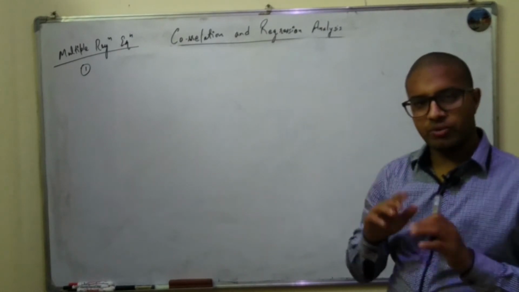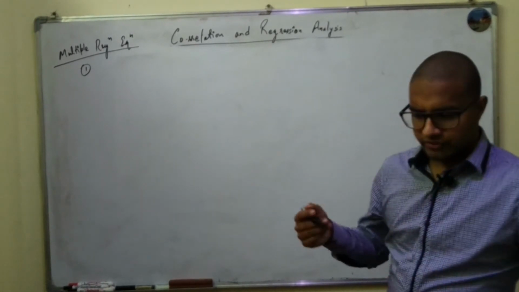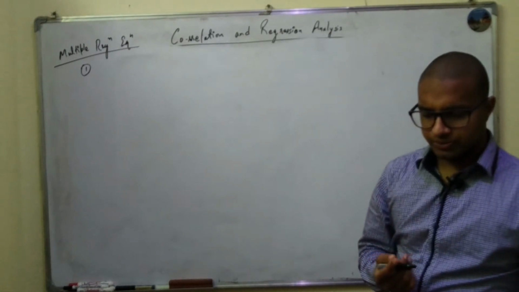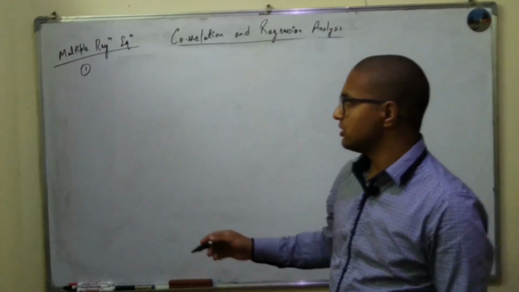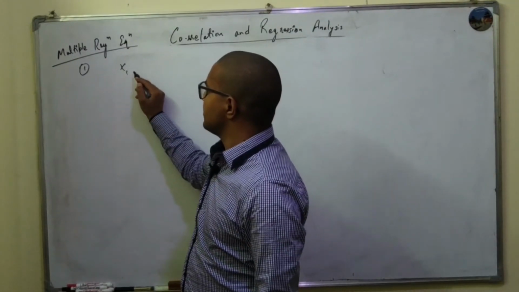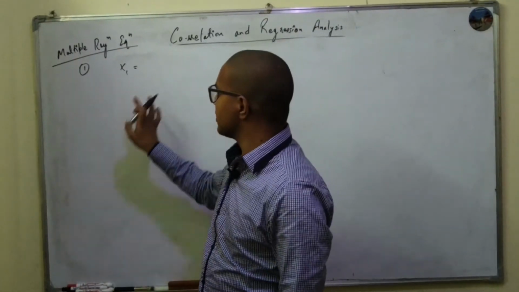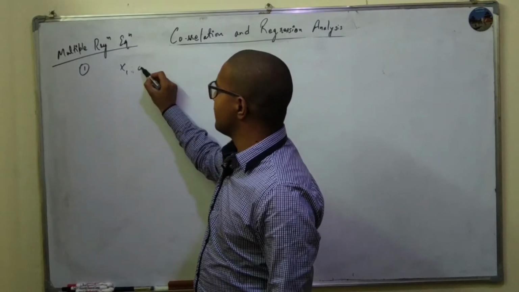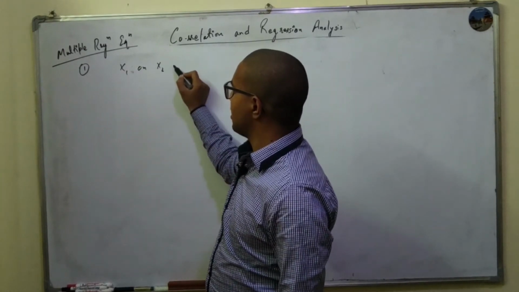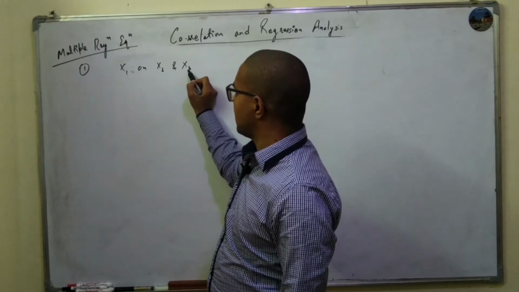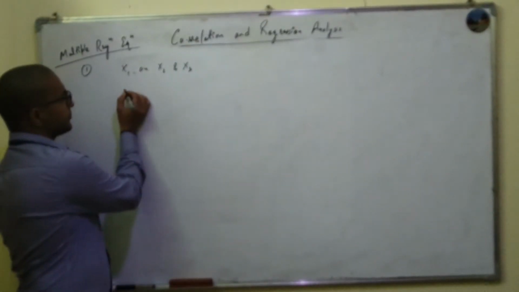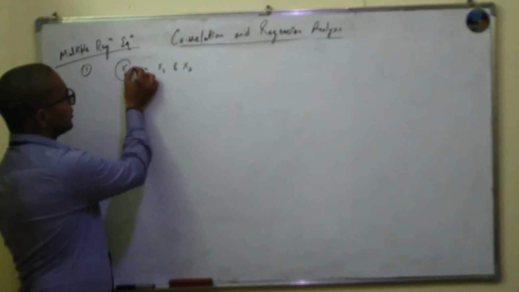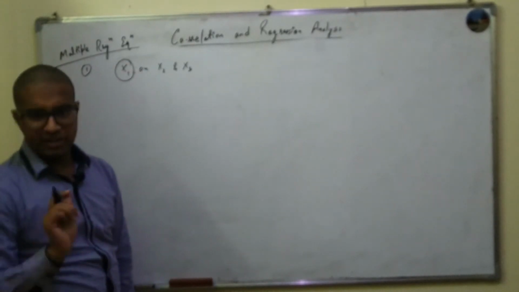It could be 3, 4, whatever. So suppose x1 is a dependent variable on x2 and x3. Okay, so I'll write it this way. Suppose this is your dependent variable, these two are your independent variables, right?